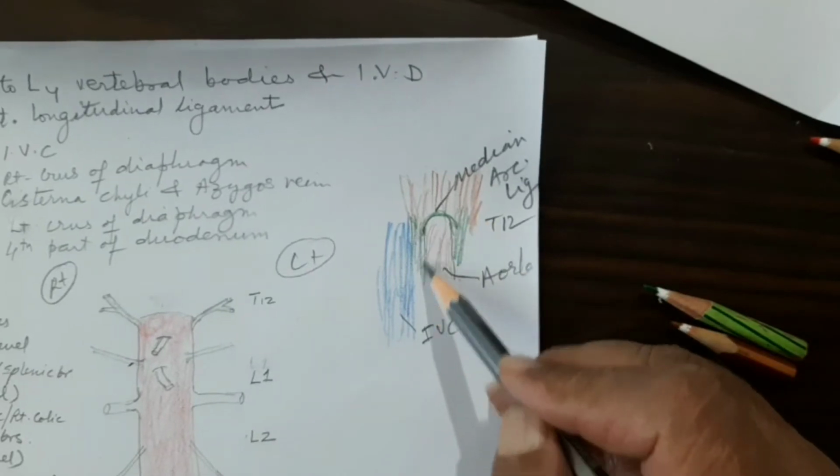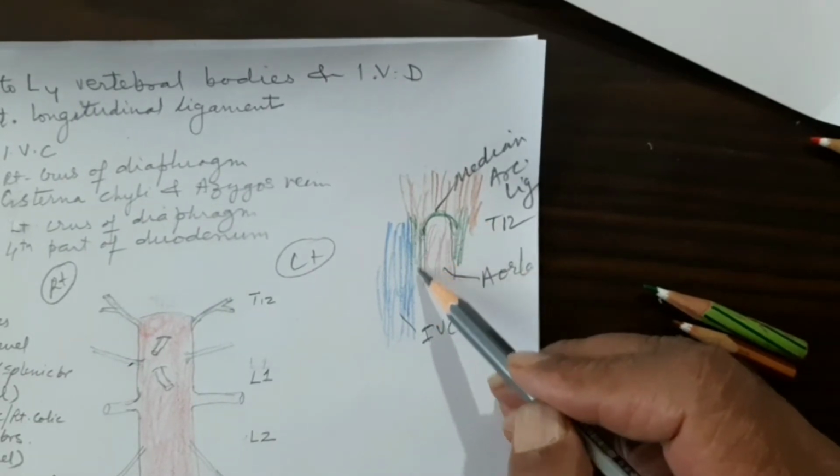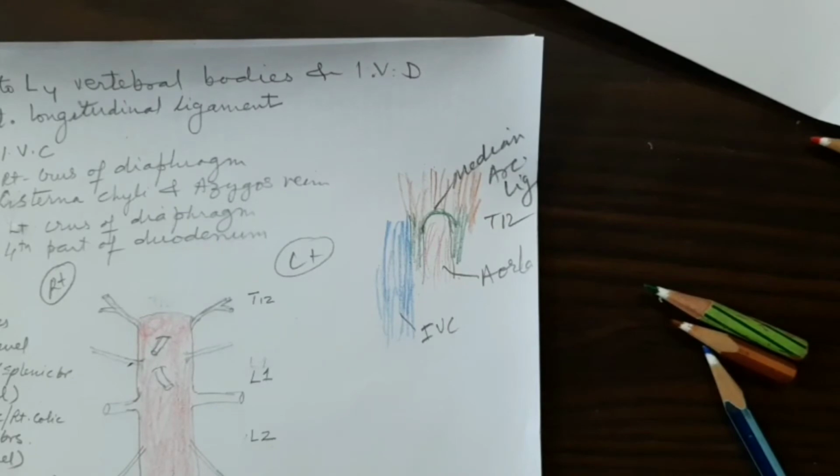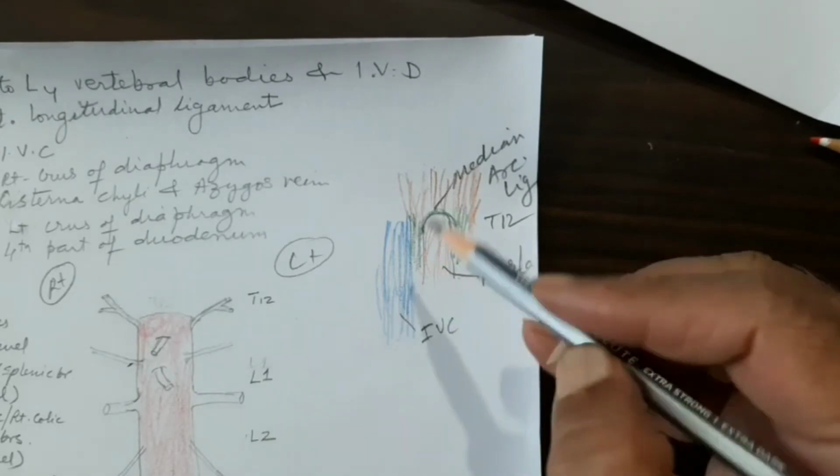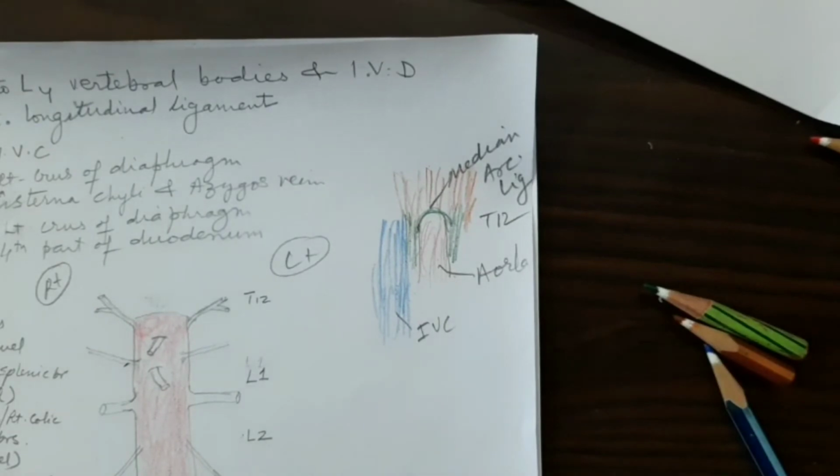Two other structures will lie on the right side: the cisterna chyli, the beginning of the thoracic duct, and the beginning of the azygous vein.